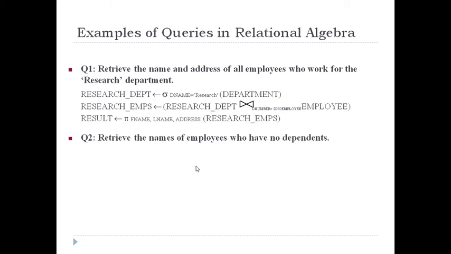Now the next query is: retrieve the names of employees who have no dependents. No dependents means I have to join employee and dependent tables, because we need to retrieve the names of employees, right? Names of employees means the employee relation, and dependent information is there in the dependent relation.